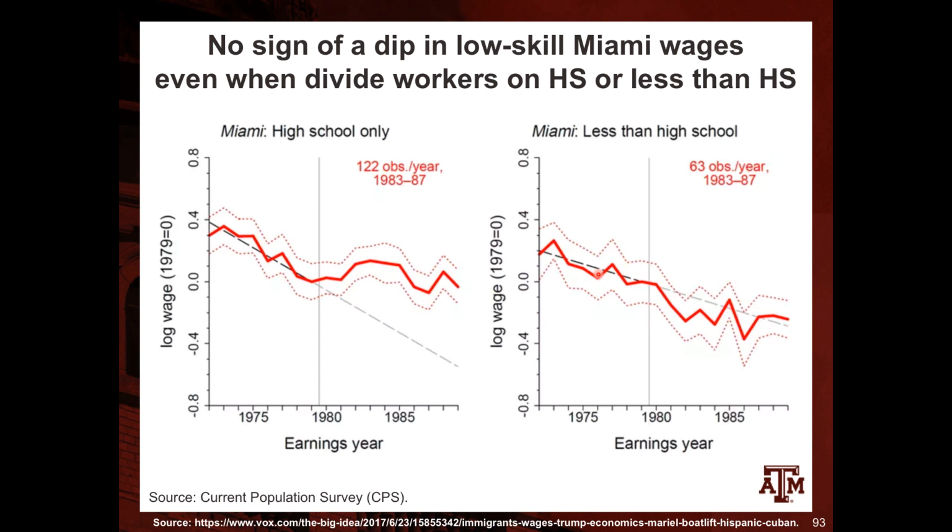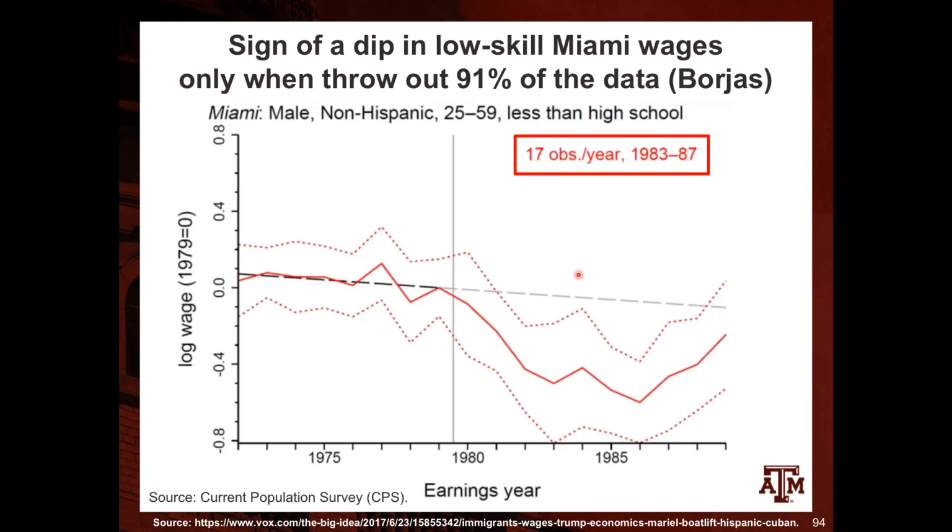And then Clemens estimates a model that tries to replicate Jorge Borjas' model. In this case, Borjas argues that we should look at the earnings of this really specific group here: males, non-Hispanic, between 25 and 59, with less than high school.